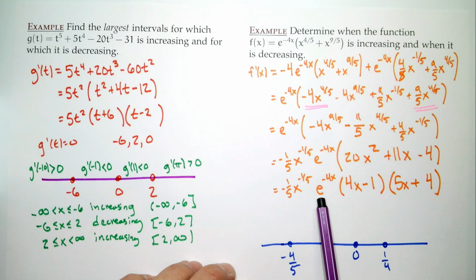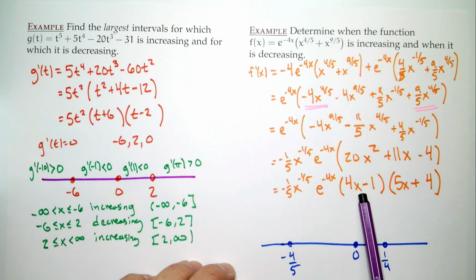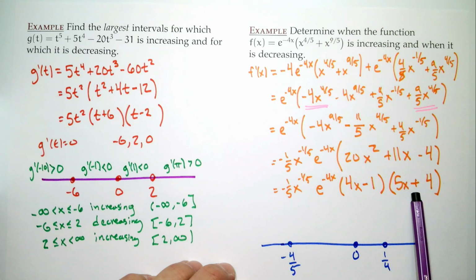Positive. E to the negative 4, well, the E is nice, it's always positive. 4 minus 1, positive. 5 plus 4, positive. So, there's a negative at the front, but the rest of the terms are positive. And so what's true about this interval? It's negative. Okay, so here we have f prime of x is negative.